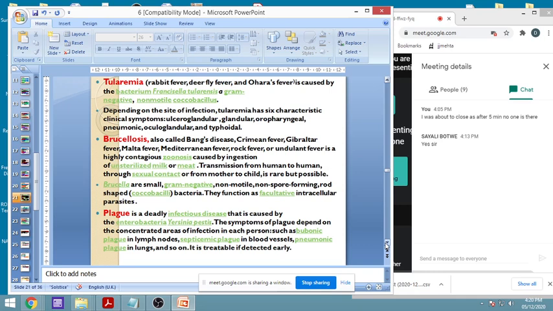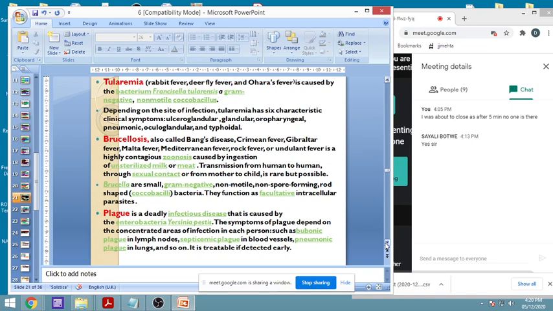The symptoms of plague depend on the areas of infection in each person. There are two important types: bubonic plague and pneumonic plague, and a third in which septicemia is present. If it is in the lymph nodes, we call it bubonic.